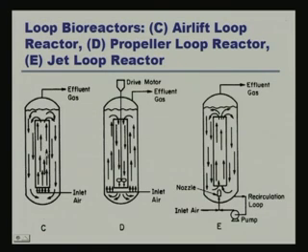It has one riser and one downcomer, and the liquid comes out of the downcomer and once again gets circulated. So, obviously this type of design has a few more advantages than the earlier reactor type.